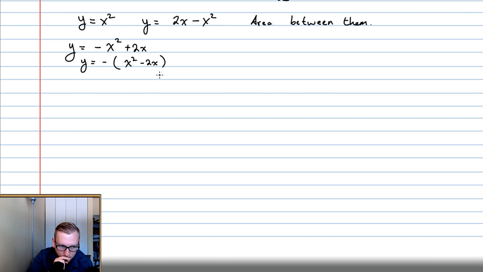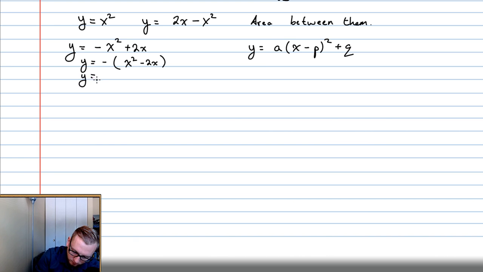And I want to get it into the form, so it's some value a times x minus p, let's say, squared plus q. I want it to look like this, with some values in for a, p, and q. So what I'll do is I'll complete this square.